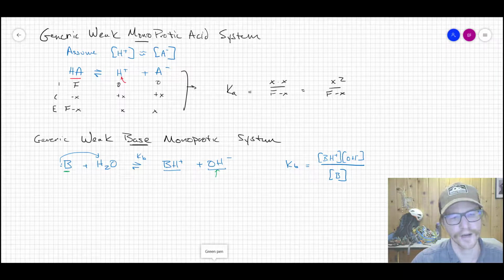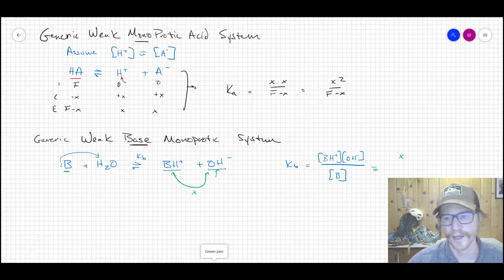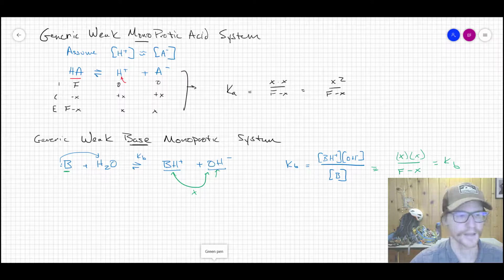Same thing is true here, hydroxide coming from base and not from the dissociation of water. If we do it that way, then that gives us this approximation where these two things are equivalent to each other, so we set those both as X. So we get X times X over formal concentration minus X is equal to Kb in this case. So same exact expression, except that it is set to the equilibrium constant for the base association, or Kb.